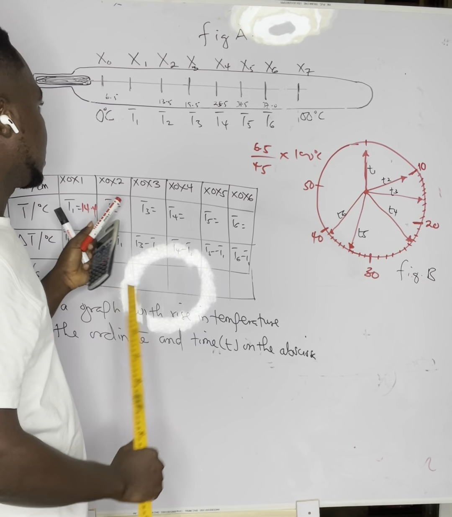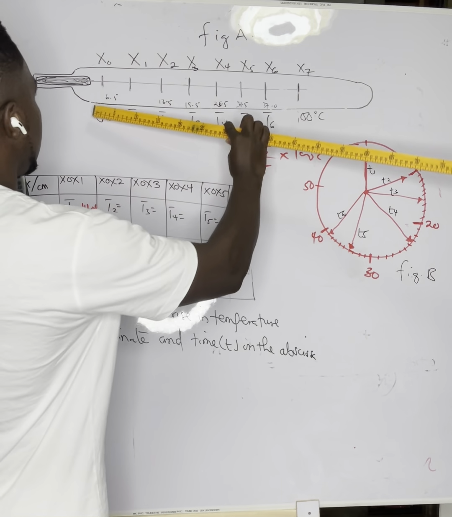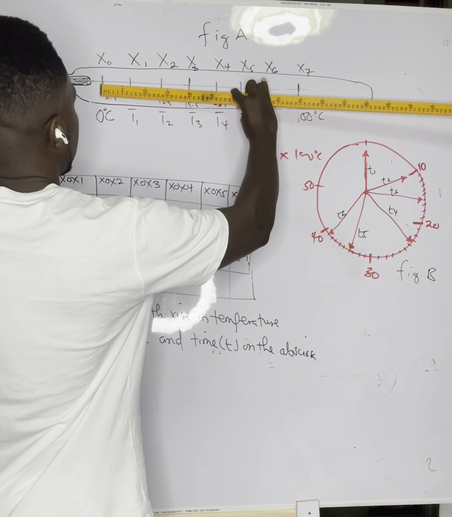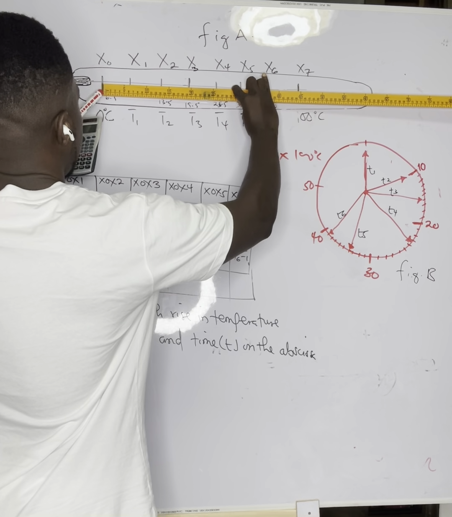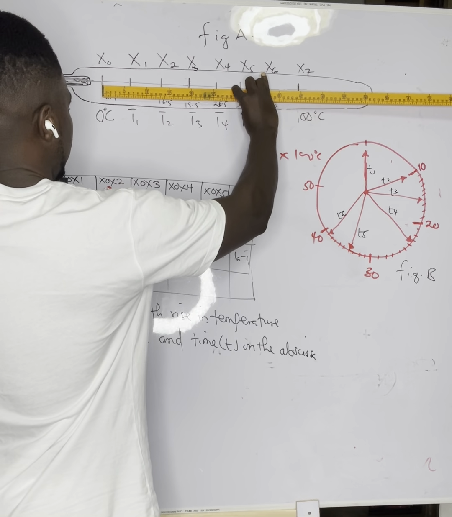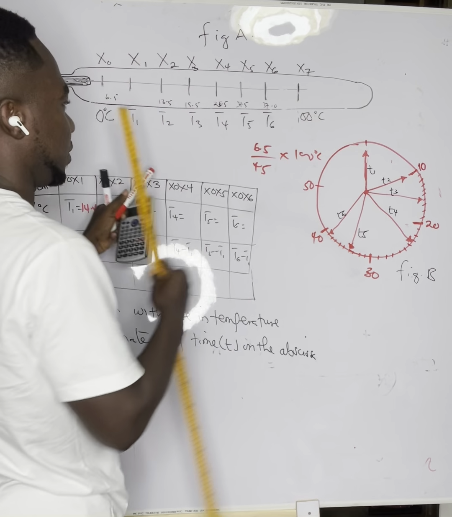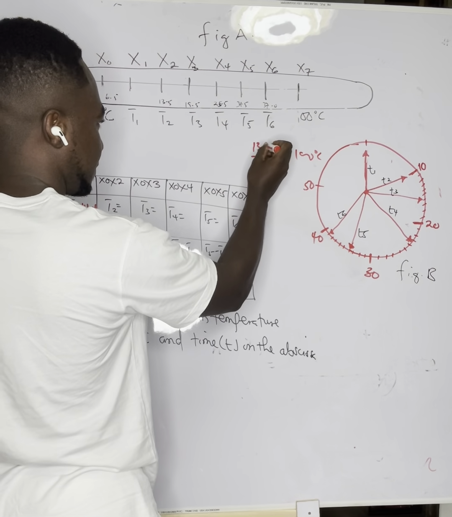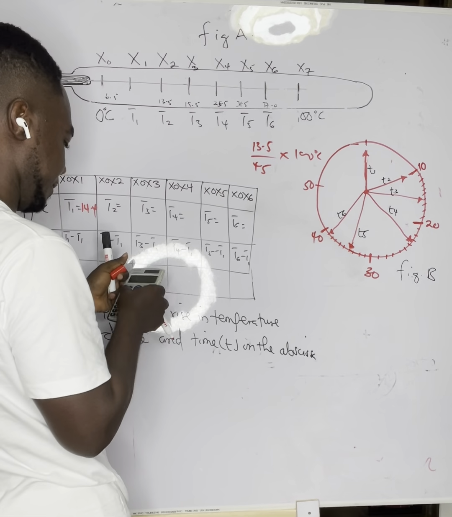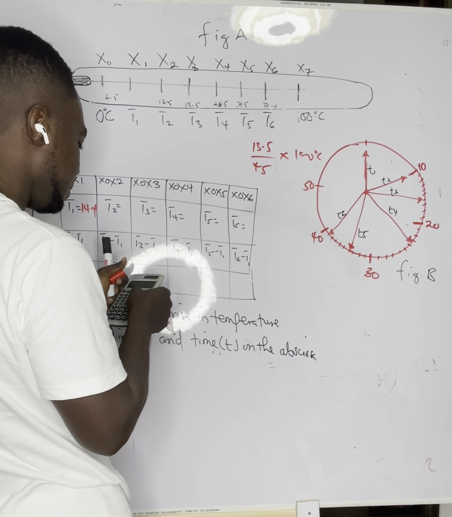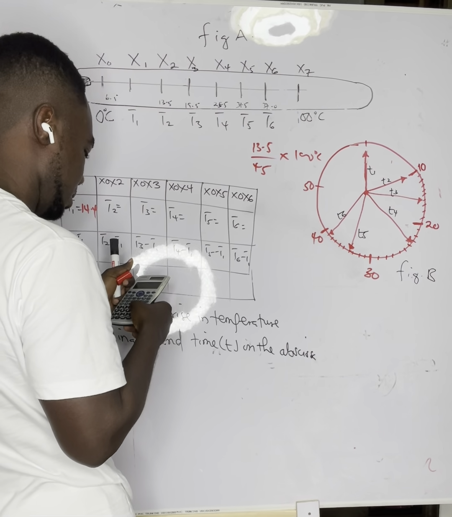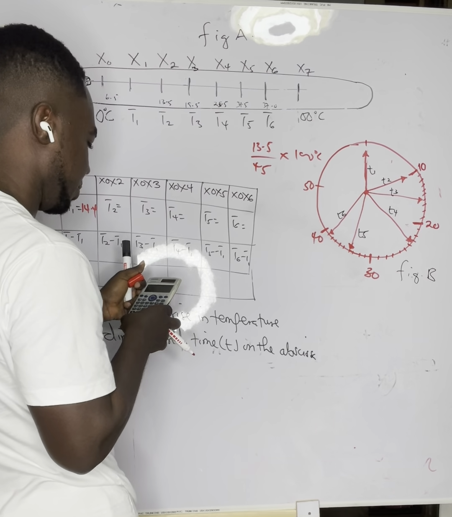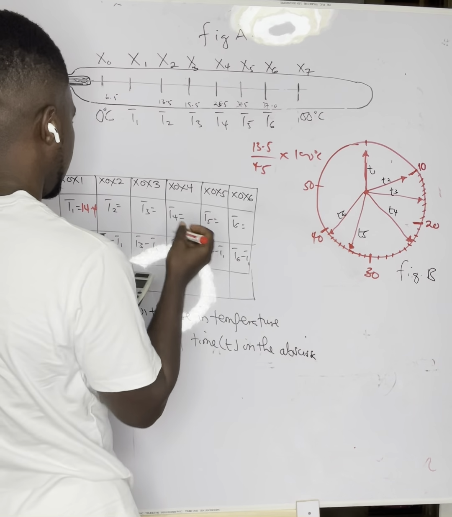To get temperature T2, you measure from X0 to X2. That's around 13.5. So 13.5 over 45, multiplying by the upper fixed point, 100 degrees Celsius, giving us 30.